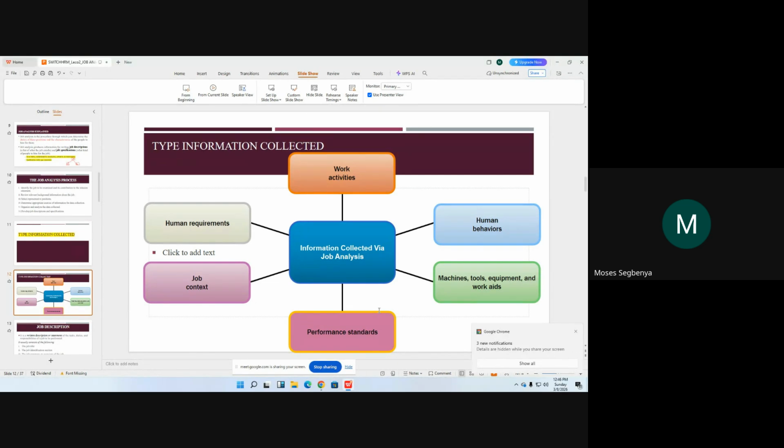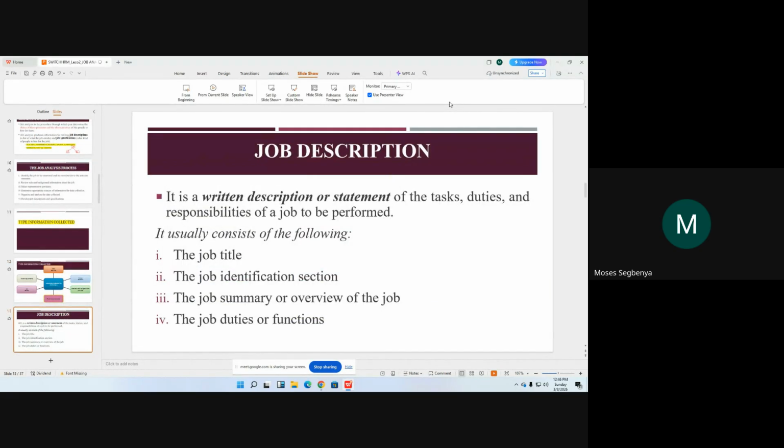All these influence the kind of information you need and the kind of person you need to take the job. And the human requirement: qualification, your age, your experience, that anybody who is in need of this job must acquire to be able to do the job. So when you are gathering job analysis information, these are the things that you gather.